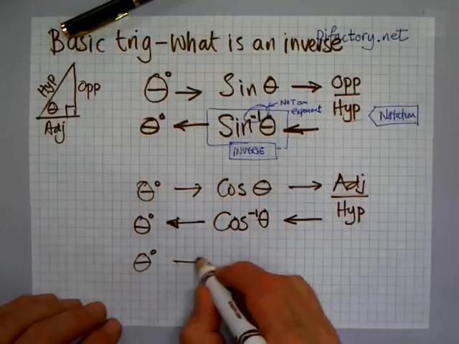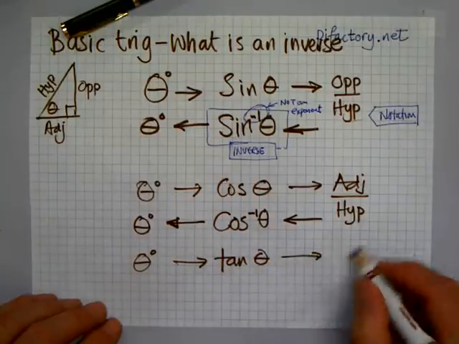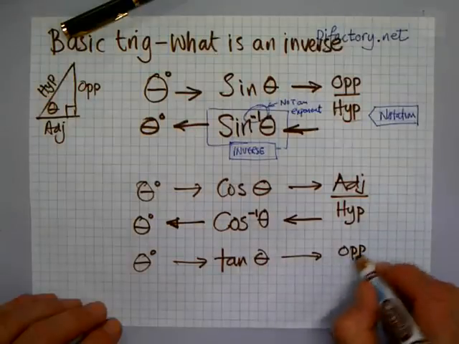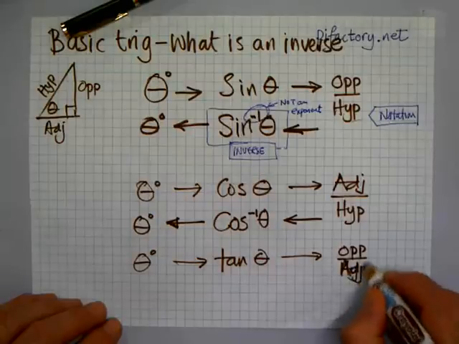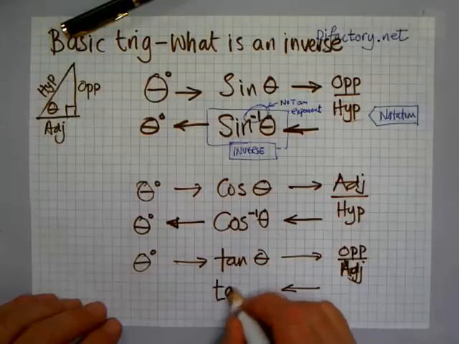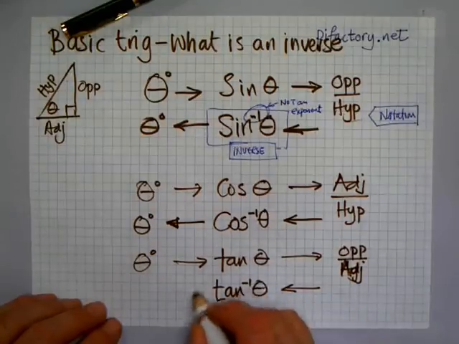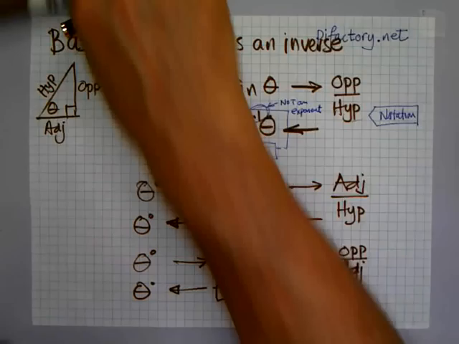Similarly, theta into tan, the tangent gives us opposite over adjacent. Get it right. Opposite over adjacent. Inverse tan simply gives us back theta.